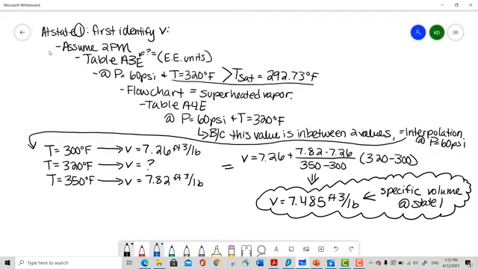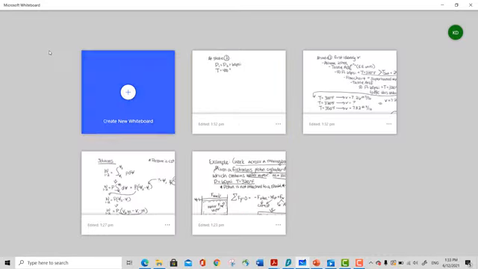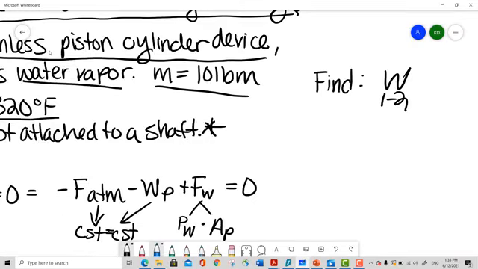And then what can we do? We can go into state 2. At state 2, P1 equals P2 equals 60 psi. Why? Because we know that pressure is constant. And then T is 400 degrees. I think I forgot to add a portion. Let's see, let's go back. Did I add this portion? Let's see if I can get back to it, if it's going to load.